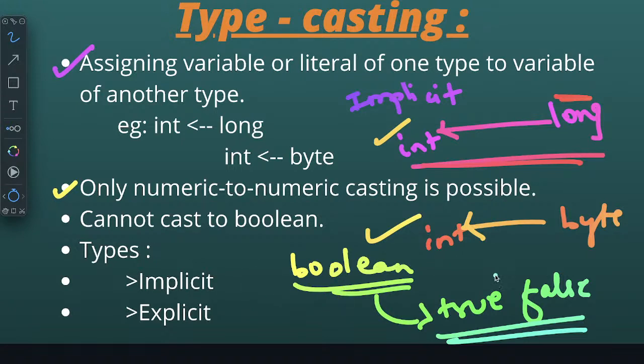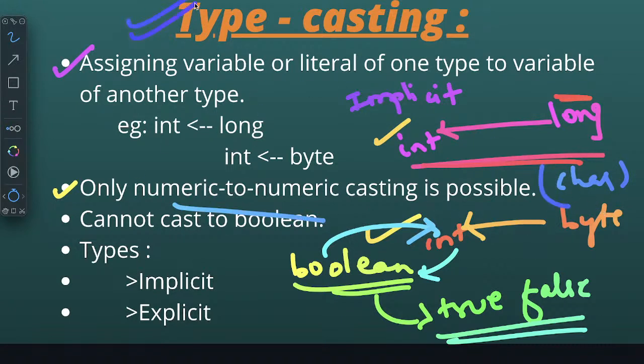So I cannot cast any int to boolean, or boolean to int either. So only numeric to numeric typecasting is possible, in which we also have char. We'll see how we can cast char, but for now we are just going with what is typecasting, then we'll move to what is implicit and what is explicit. So this point is clear that we cannot cast to boolean because casting takes place only between numeric values.